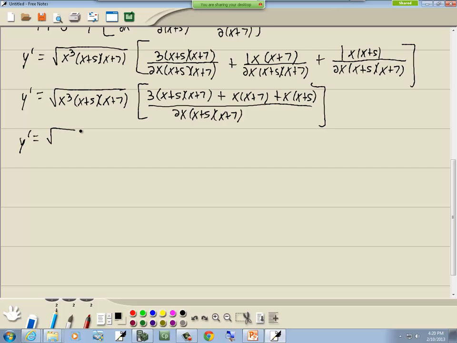Okay, so we got square root. Actually, let me bring an x out, because there's 3 x's here, so that leaves me a single x in here. Then x plus 5, x plus 7.